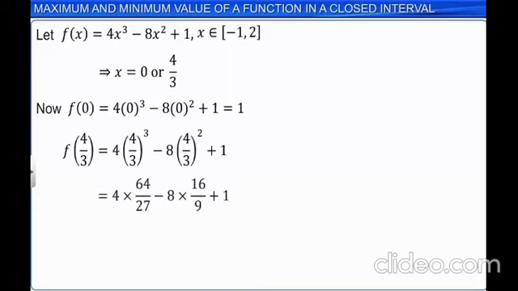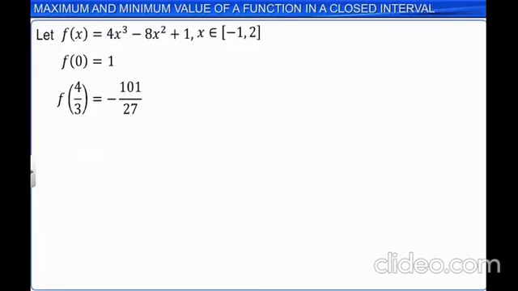Also, we find the value of the function at the endpoints of the interval. We get f(-1) = -11, and f(2) = 1.